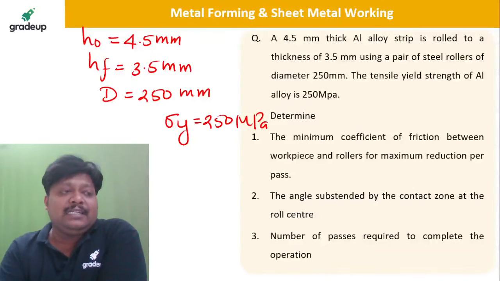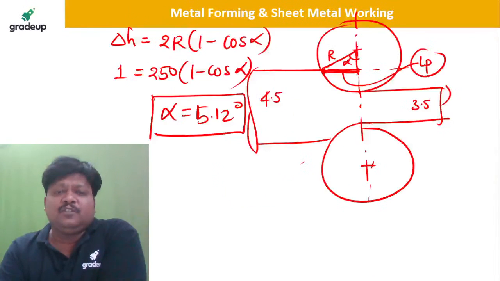Mu square into R, that is our H max. So 1 divided by 0.99 is almost equal to 1, so 1 pass only. No issue. Yes, that is correct.